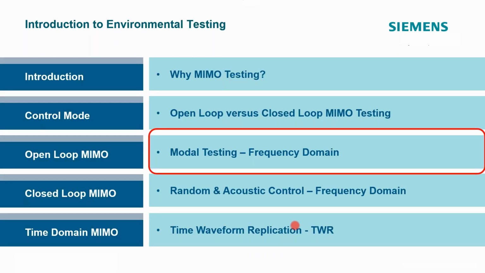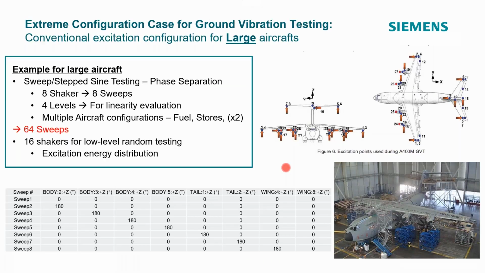Open loop MIMO testing, modal testing, and again, this is the A400 Airbus large structure with many shakers surrounding it, kind of an extreme case of modal ground vibration testing, GVT. There are different types of excitation techniques. Swept sine and stepped sine are classified as what we call phase separation.